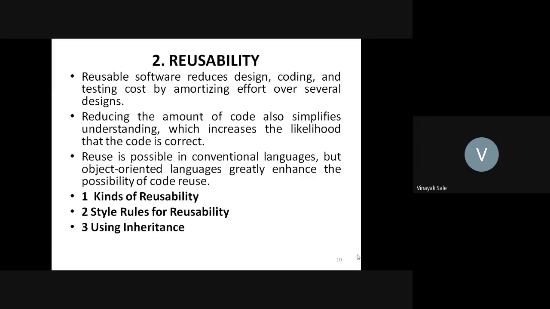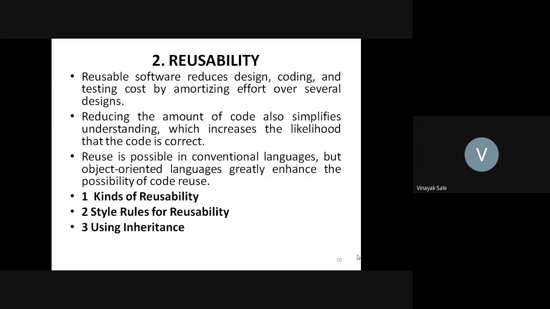Reusable software reduces design, coding, and testing cost by amortizing effort over several designs. Reducing the amount of code also simplifies understanding, which increases the likelihood that code is correct.